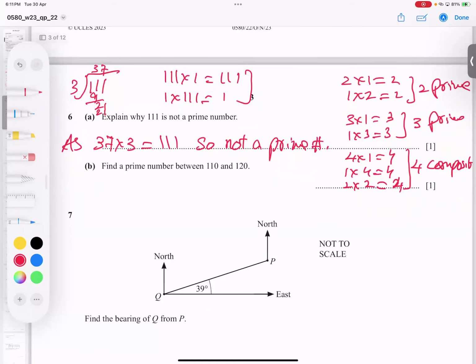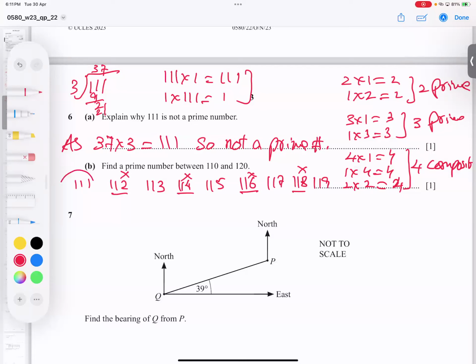Now, find a prime number between 110 and 120. Naturally, look, I'll show you the numbers between them: 111, 112, 113, 114, 115, 116, 117, 118, and 119. Common sense: all numbers ending with 2, 4, 6, 8 are gone. They are not prime numbers because they are divisible by many possible factors.